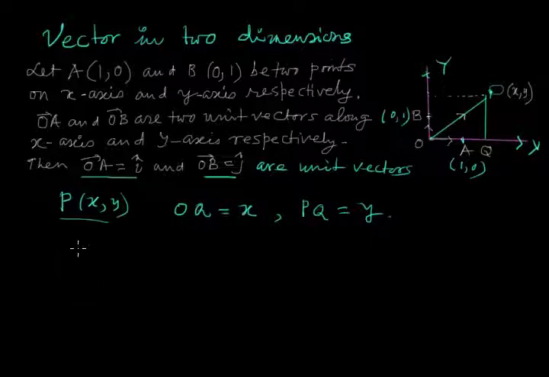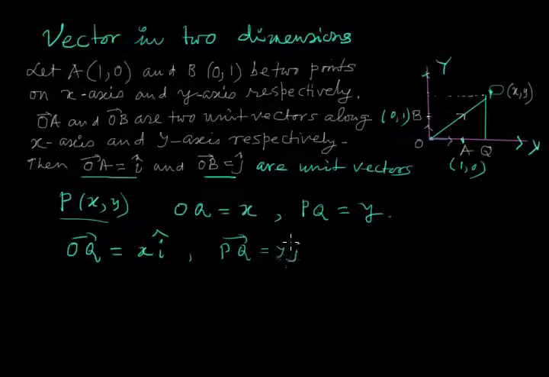Now we define OQ is equal to xi and PQ is equal to yj.